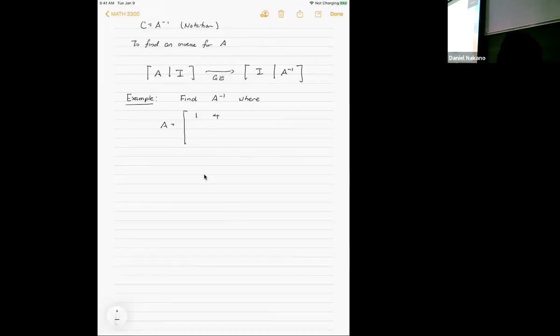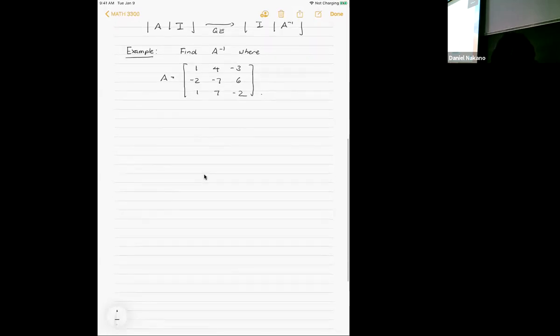1, 4, -3, -2, -7, 6, and 1, 7, -2. So this is the matrix. It's a 3 by 3 matrix. All right, so we're going to apply the procedure that I mentioned before. Stick A on one side and the identity matrix on the other. So we're going to leave enough room.